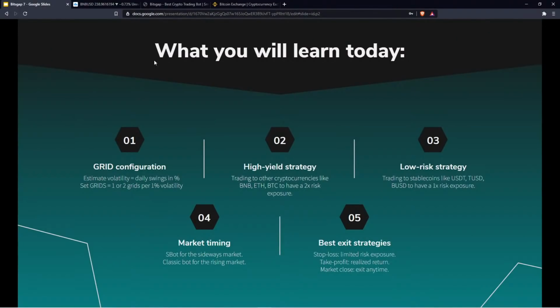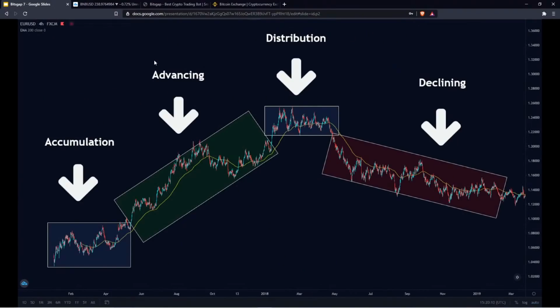So what you have to know is that basically there are 4 market phases, which is the accumulation, advancing, distribution, and the one that we never want to take part in is the declining market.